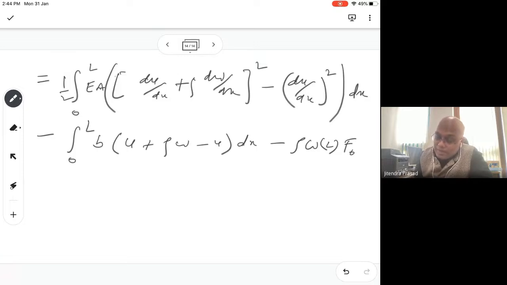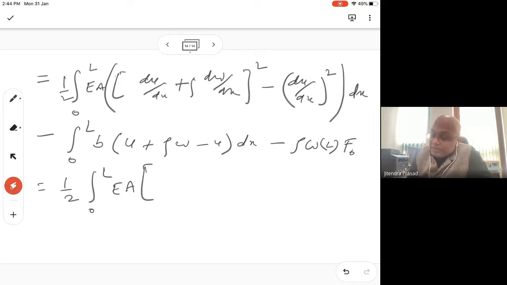Any questions so far? This is equal to integral 0 to L of EA, and here this minus this plus this, we can write like that, or we can also square it.